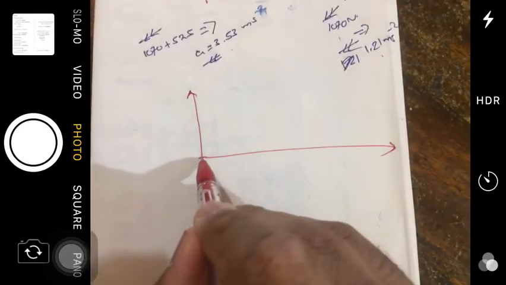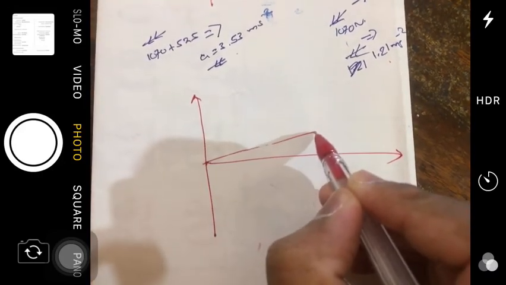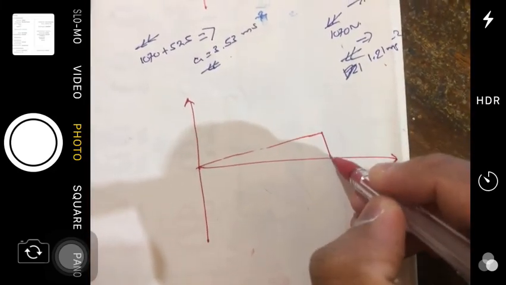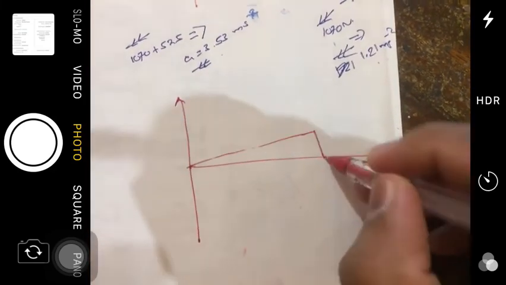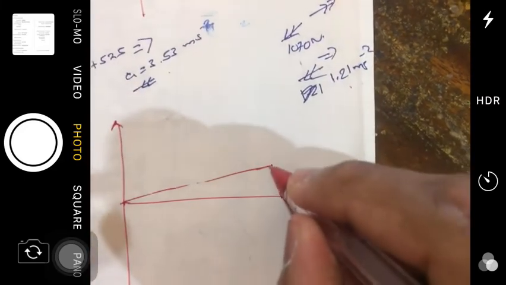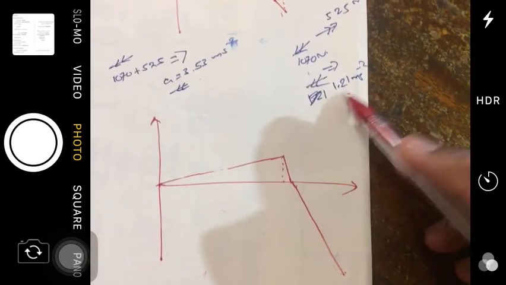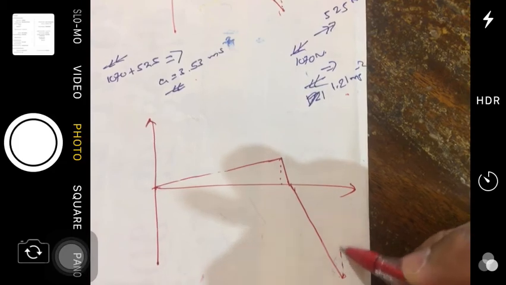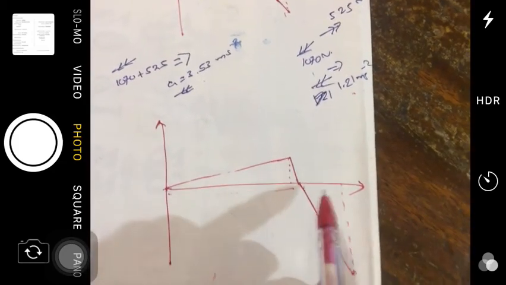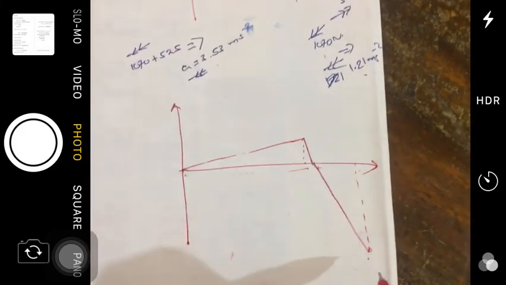So we have a very small acceleration in the beginning, then a sudden drop, then something in between, and that in between will have about 9 or 10 times the final velocity. Because compared to this base, this time is going to be less, hence it will have a greater height.